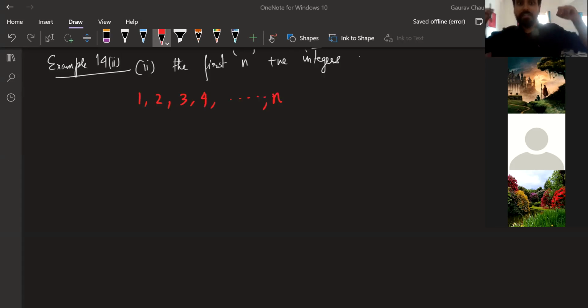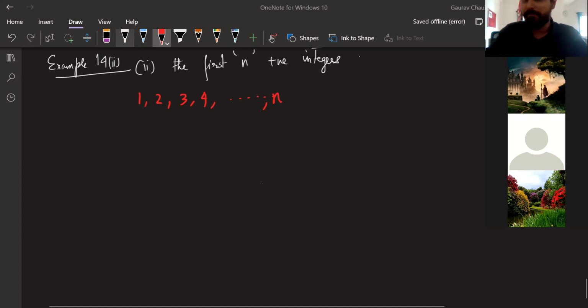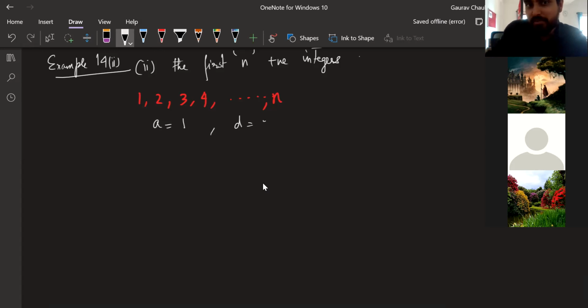But it is a positive integer, which means it starts from 1, which means it is an AP, right? This AP has a as 1 and d is 2 minus 1, which is also 1. Number of terms is n only. So it is asking the sum of these n terms.